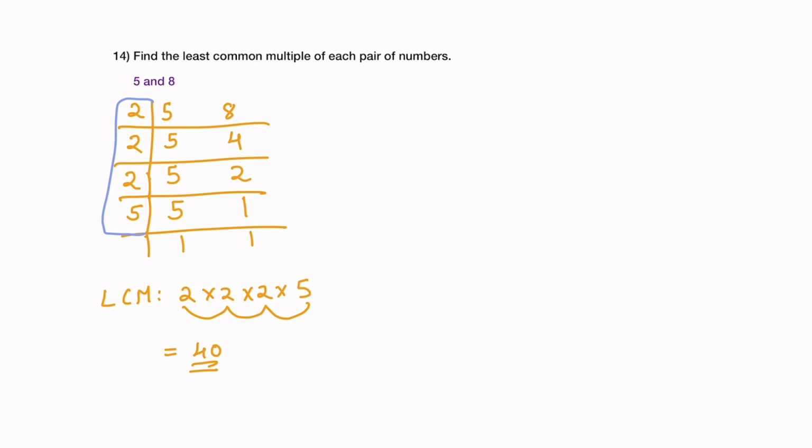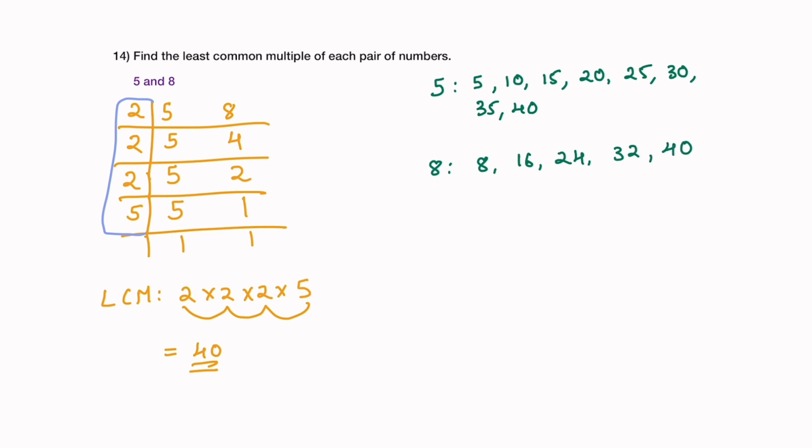Yeah? Let's do the next method here. 5. So let's start listing the multiples. 5, 10, 15, 20, 25, 30, 35, 40, and so on. 8, 16, 24, 32, 40. I can go further, but I just want the least, the first one, right?